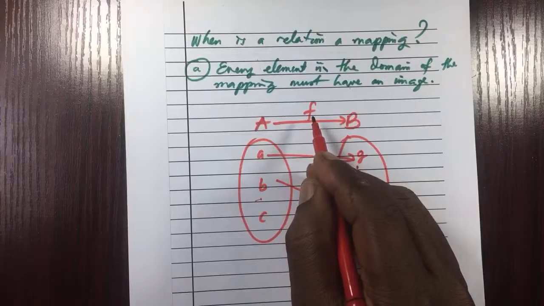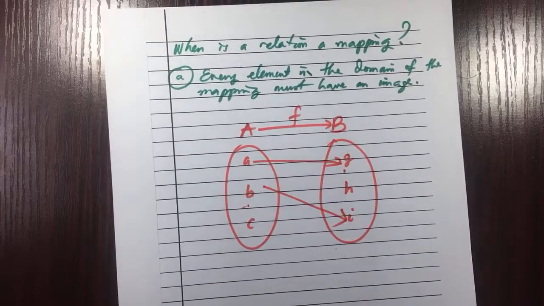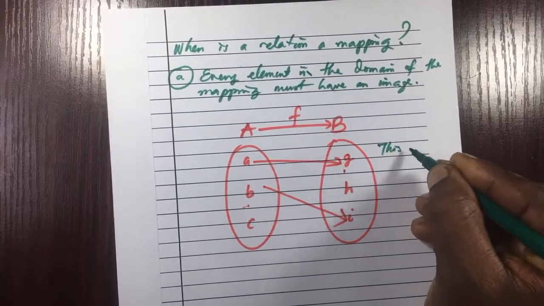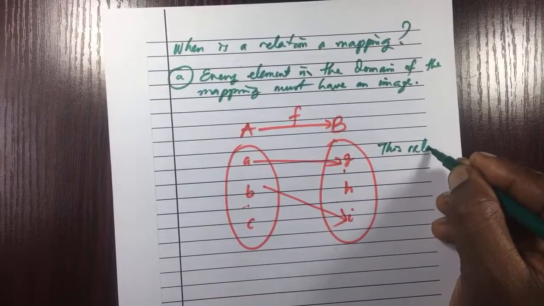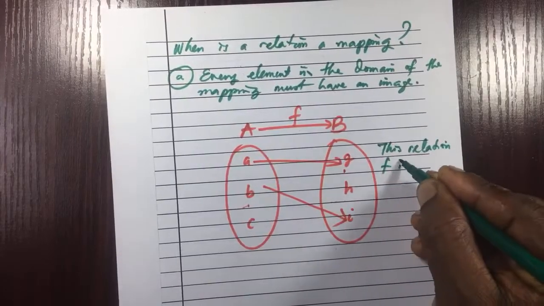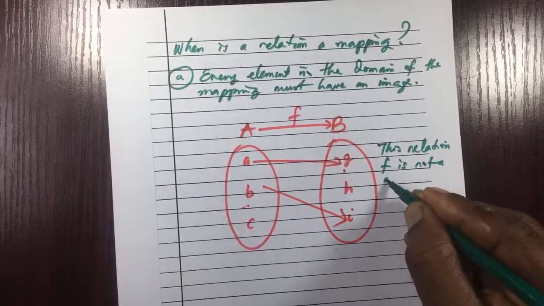It is not a mapping. So I would simply say this relation, the relation F, is not a mapping.